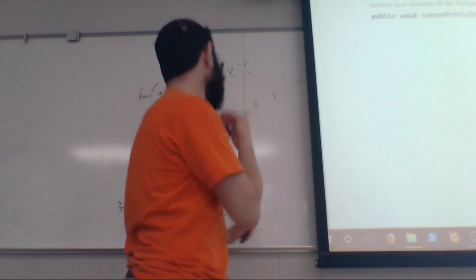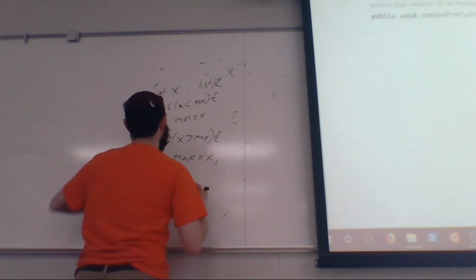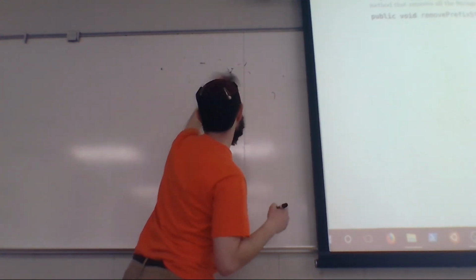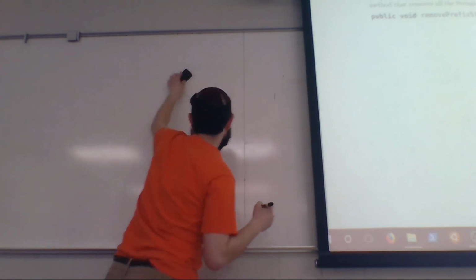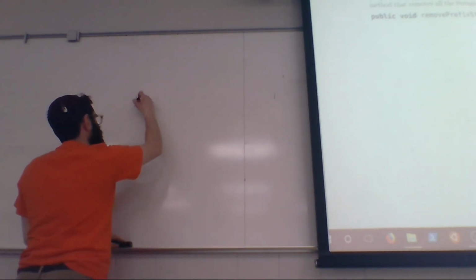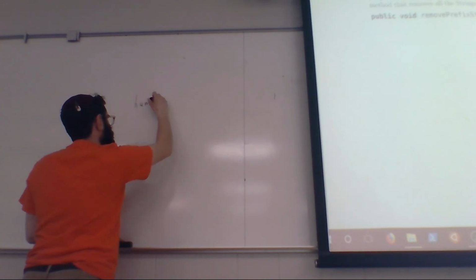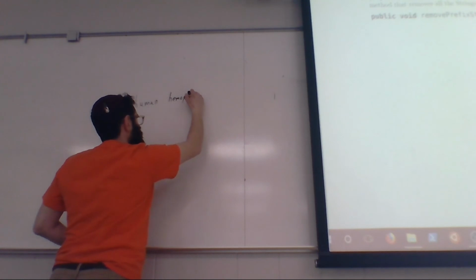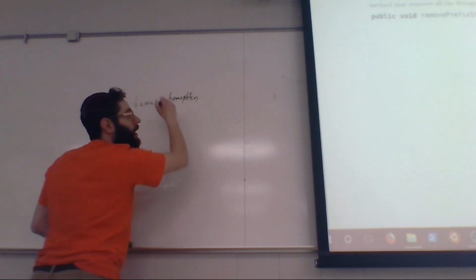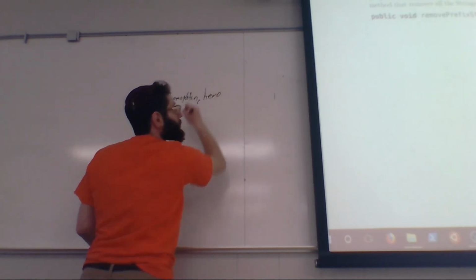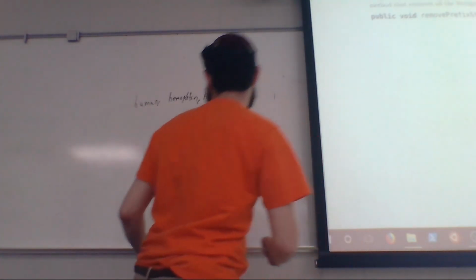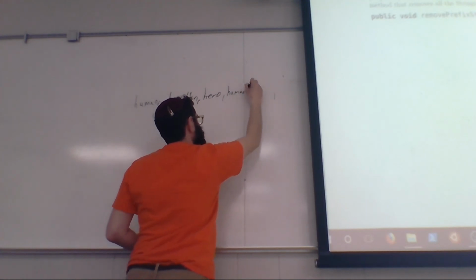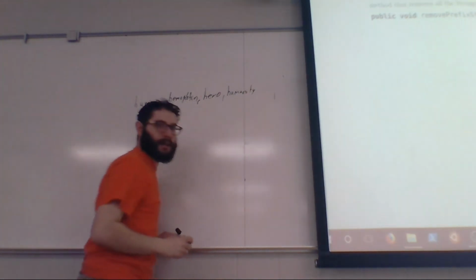So, for example, say we've got human, hemoglobin, hero and humanity, right? This is my input string over here.